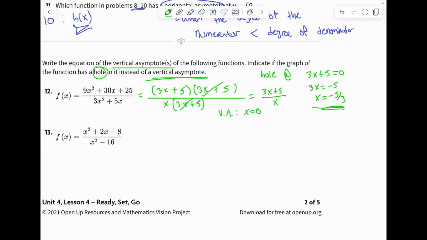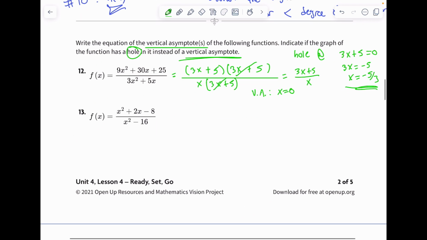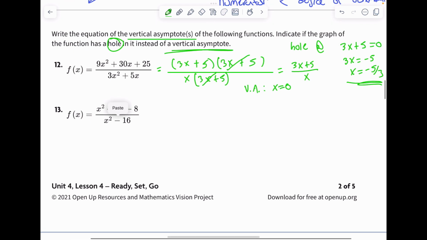Okay? It's important. What about 13? So 13 looks a little bit nicer for us. Again, my first instinct is to always factor, right? If we're in this section about rational functions, you should always try to see things in factored form, not standard form. That's what I want you to think about. So the first, this is x.